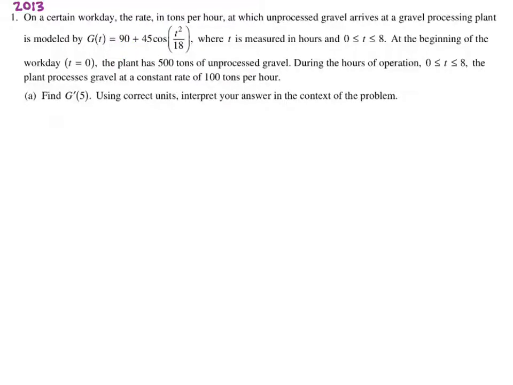So what I want to notice here is that it says G of t is the rate at which unprocessed gravel arrives. So G of t is the rate in, and then down here it says the plant processes the gravel. Well, if the gravel is processed, that means it's no longer unprocessed. So it is processing at a rate of 100 tons per hour.